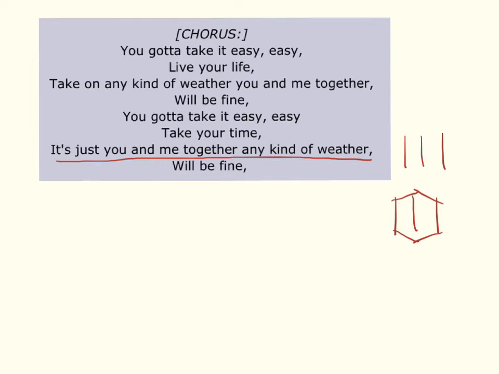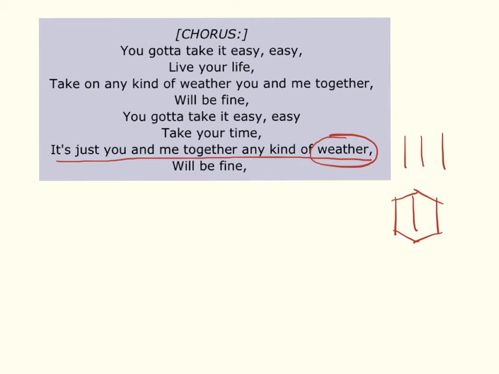to make it relational. So what the inference is here is that you'll notice that he mentions the word weather. Now weather in this song can also mean he is referring to storms and nasty weather, because he says it's just you and me together, any kind of weather.